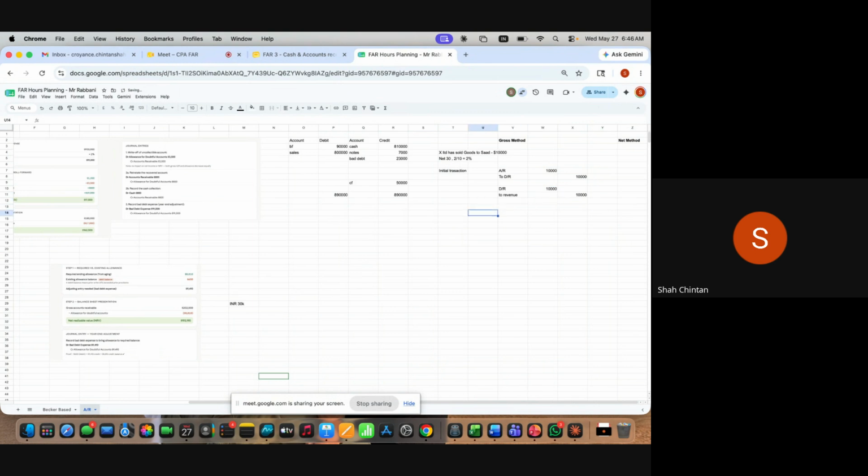Now, let's say there are two possibilities. Option number one, Saad makes a payment on day 25. That means you have not taken the 2% discount benefit, you have paid full cash. So your entry is cash debited, accounts receivable credited, 10,000. Or let's say in the second option, Saad makes a payment on day 2.